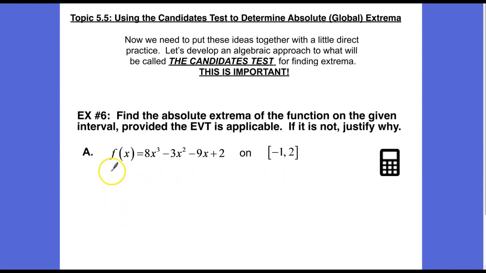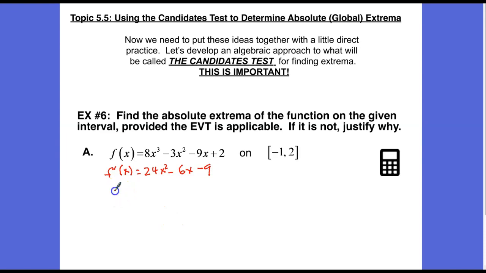So let's do this. Step 1. Let's take the derivative of our polynomial function. Now, this is a polynomial, so it is everywhere continuous, and therefore continuous on our closed interval, -1 to 2. F prime of x is going to be 24x squared minus 6x minus 9.